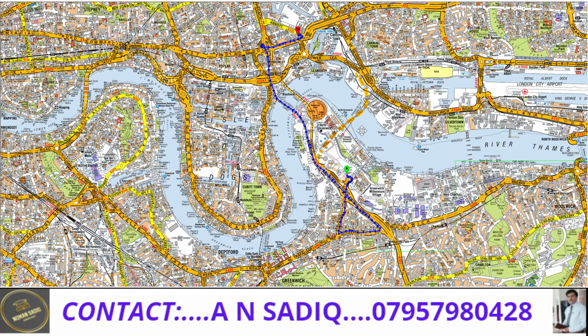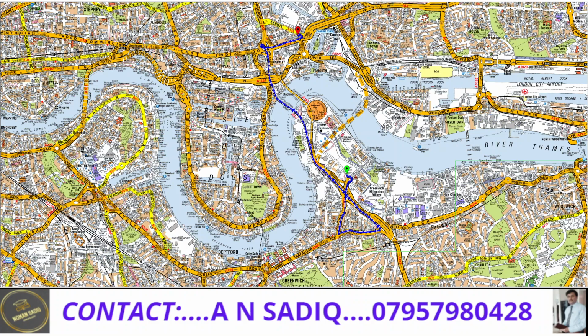So they are talking about the direct route. They are not talking about the fastest route. So it has nothing to do with the time. It is simply related to the distance. So the distance between starting point and end point must be the minimum.